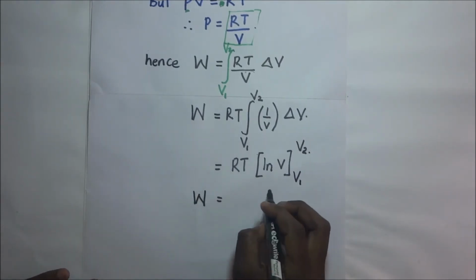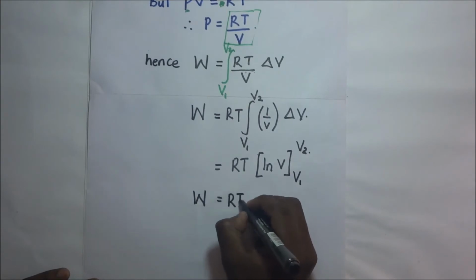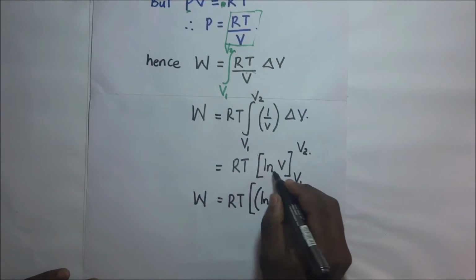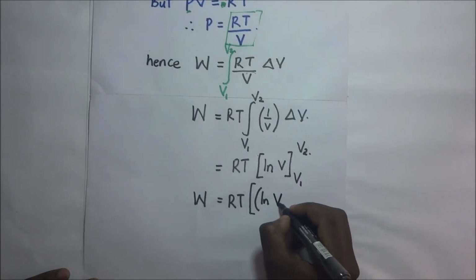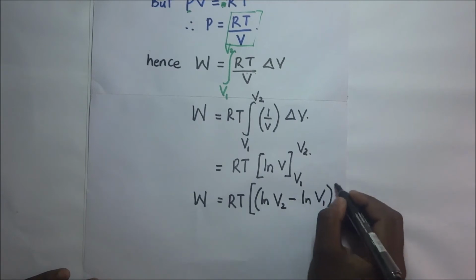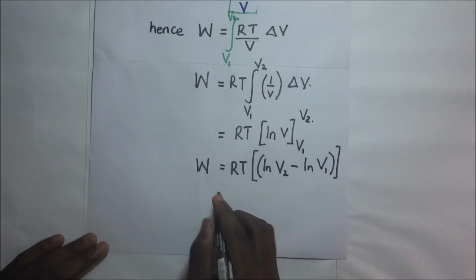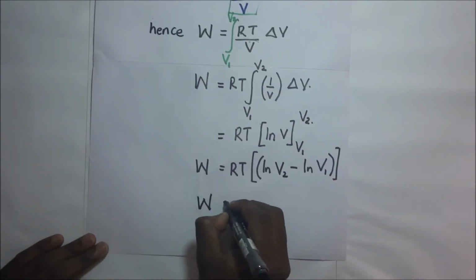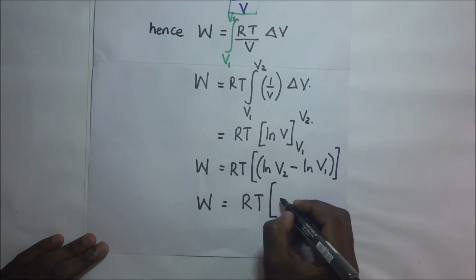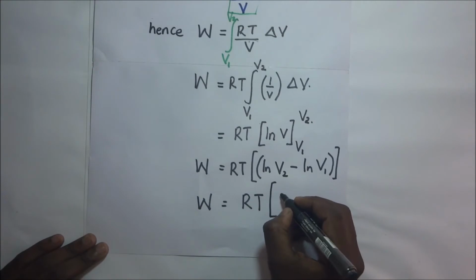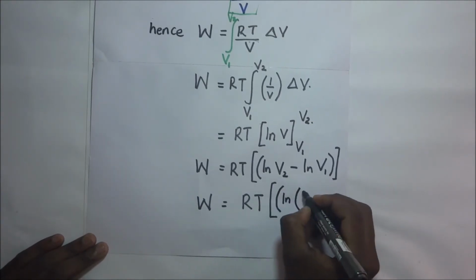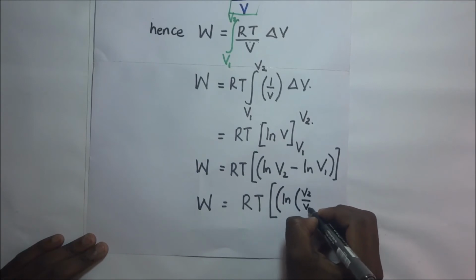So the work done is going to give us RT into natural log of V2 minus natural log of V1. And from here our value of work is going to become RT into the natural log of V2 over V1.